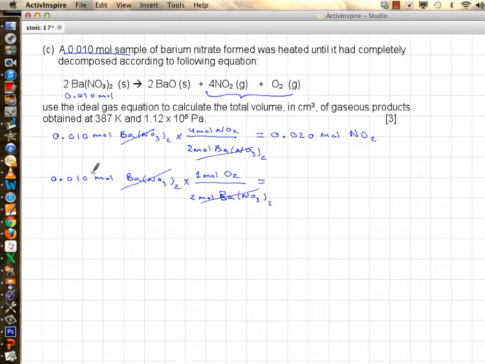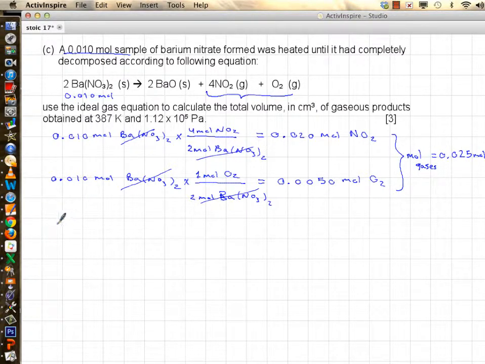So 0.01 divided by 2 is 0.005 moles of oxygen. Now if you add this, the moles of gases is simply 0.025 moles. This is the only tricky part in this question.